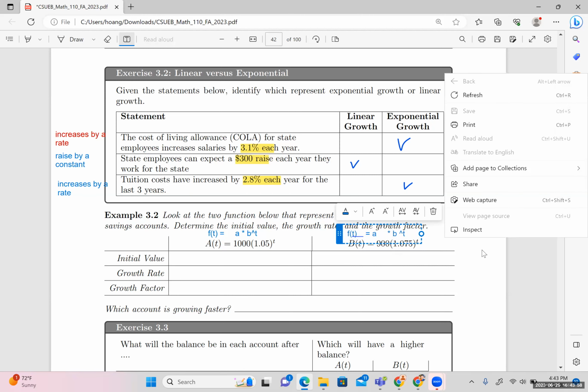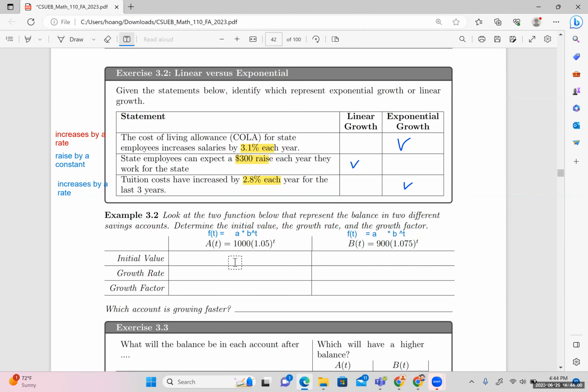Okay, so now I think you can see it better. So the initial value will be the A, which is 1,000 for the first one. And the second one will be 900. That's going to be the A.